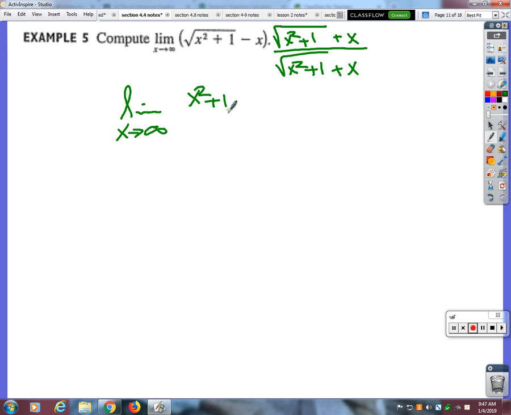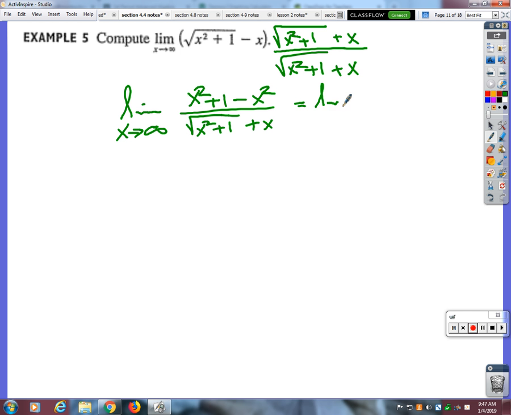And then I'm not even going to do the inside and the outside, because they're going to cancel because one's negative and one's positive. If I multiply these together, I get x times that. If I multiply these together, I get negative x times that, cancel. And then negative x times positive x is negative x squared. And then this is over x squared plus 1 plus x.